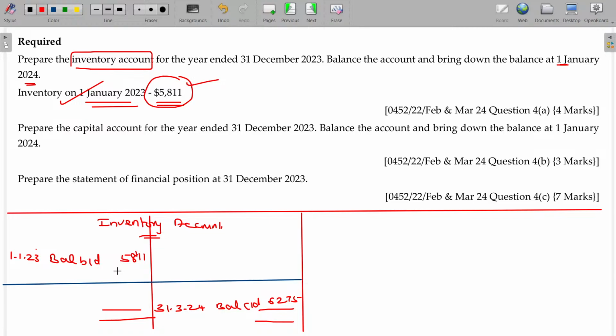Balance brought down will be transferable to the income statement by the year end, 31st December 23. It is nothing but expenses of the trading section. In bracket, I may write this way, 5,899. So with that, this one is closed.